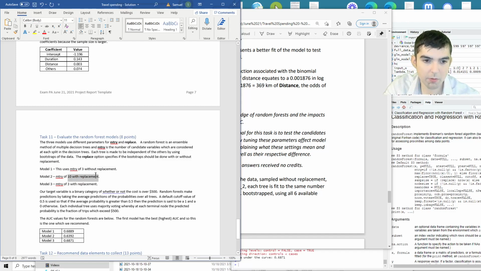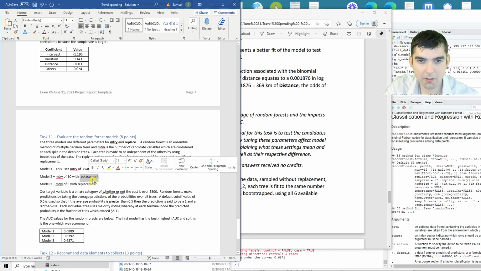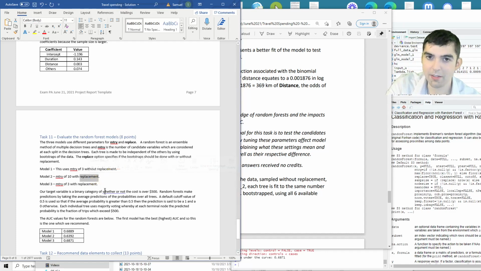And the replacement variable is more complicated to understand. If you are using replacement, it means there's more randomization involved, because the same observations could be used multiple times. It's very unlikely, but you could have one data set in one of the trees that is the same observation repeated n times, right?